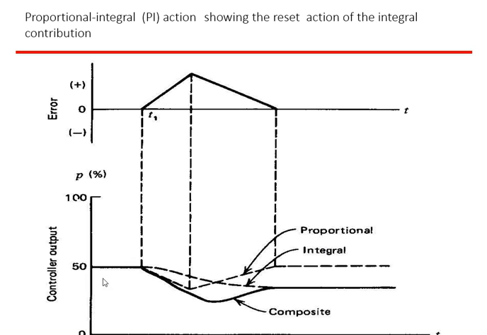And if you take only integral, it will come like this, but since it is a combination in PI, it will be composite. So the actual output that you are getting in PI is like this, but for understanding purposes the dotted lines are also shown, to show how proportional will behave and how integral will behave. Now I think you got the idea about this.